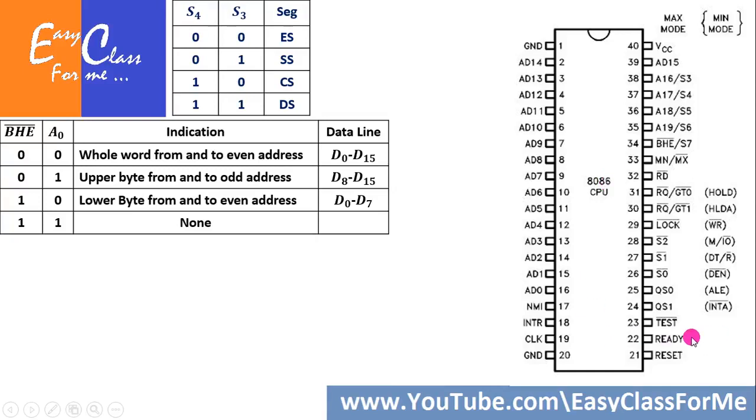And then when the ready pin is set to 1 again by the external device, the microprocessor will again transmit the data. So in this way, this 8086 CPU is interfaced with higher or lower speed memories through this ready pin. Usually for the slower memories, because if the memory is slow, in that case only you need to use this ready pin.